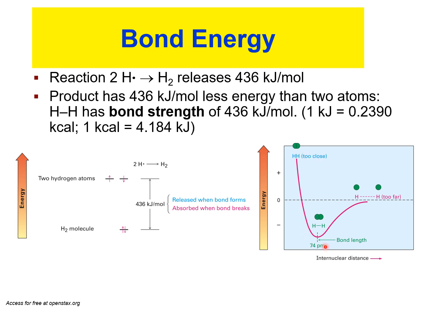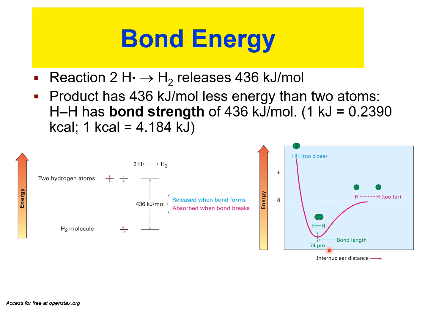Here is a potential energy diagram depicted in this picture, where you see that when the two hydrogen atoms are too far apart, they are at a higher energy. As they come closer, the energy keeps decreasing, and then at a certain optimum length, they are able to form a bond where the orbitals overlap, and that is the length which is called the bond length. The distance between the two atomic nuclei when a bond is formed is called the bond length.